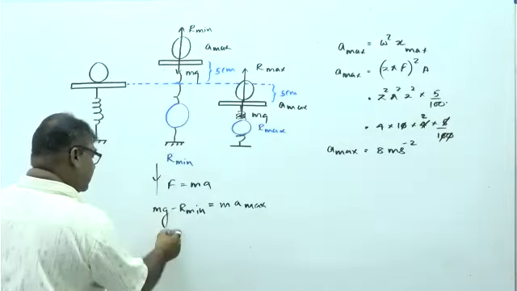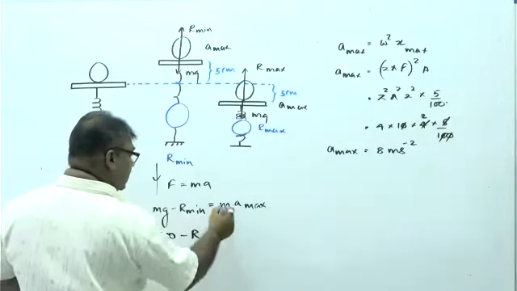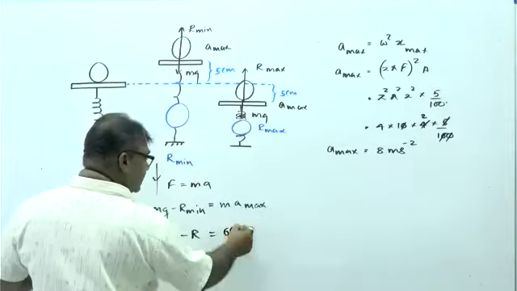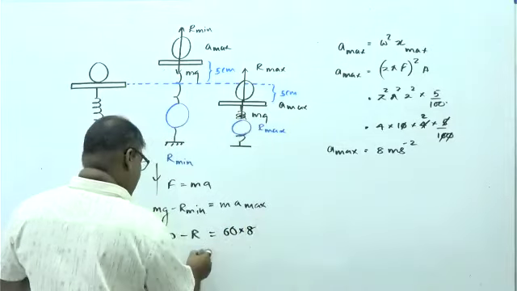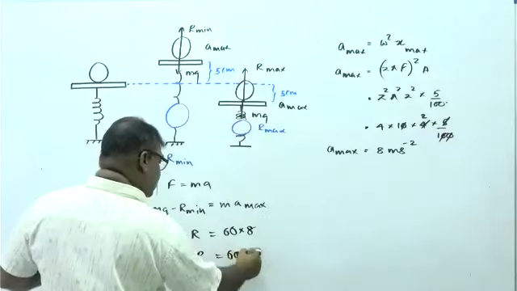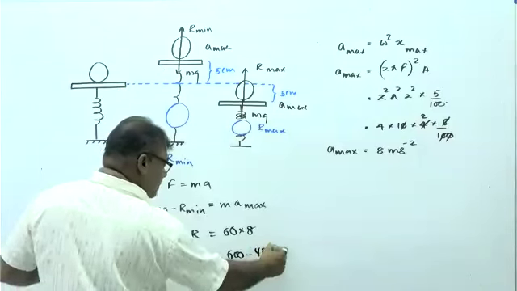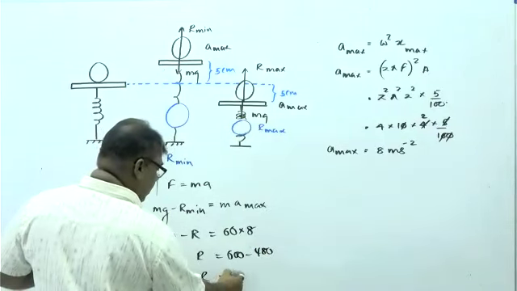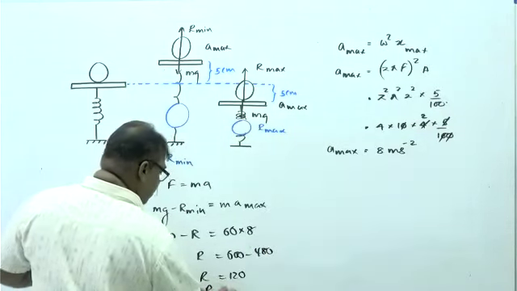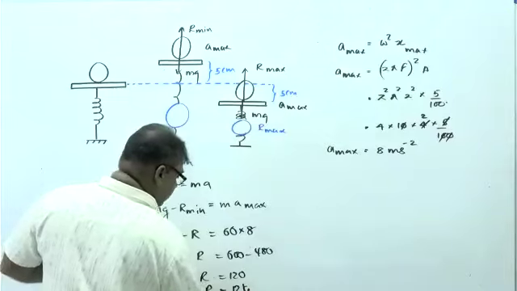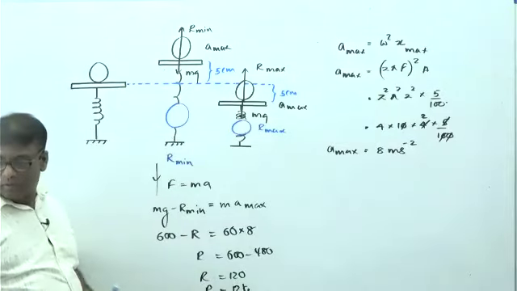We have 600 minus R equal to mass 60 times acceleration 8. R becomes 600 minus 480, R is 120. Then R becomes 12 kilogram. The reading dropped to 12 kilogram.